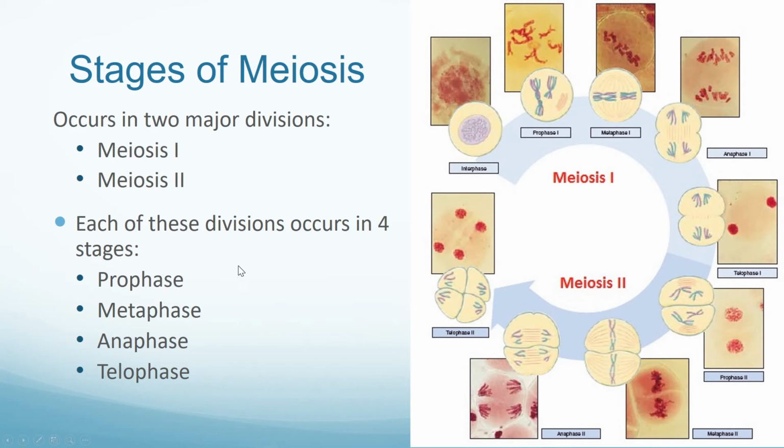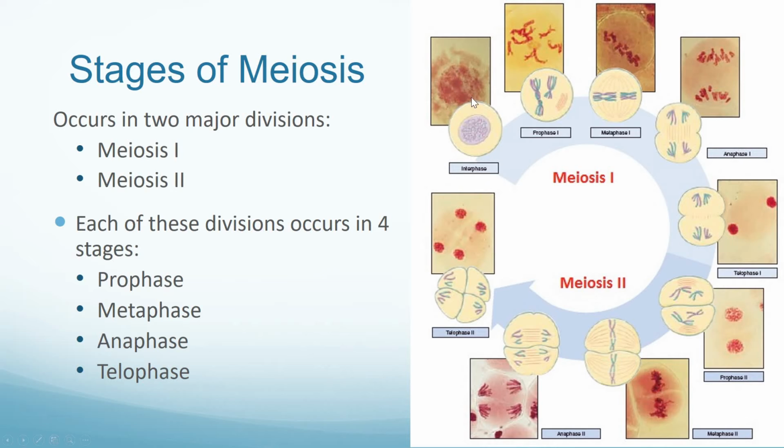So the stages of meiosis. The stages of meiosis occur in two major divisions, which is meiosis 1 and meiosis 2. And each of meiosis 1 and meiosis 2 has prophase, metaphase, anaphase, and telophase. So for the purpose of our lesson, we're going to use names like prophase 1, prophase 2 to tell us which meiosis we're in.